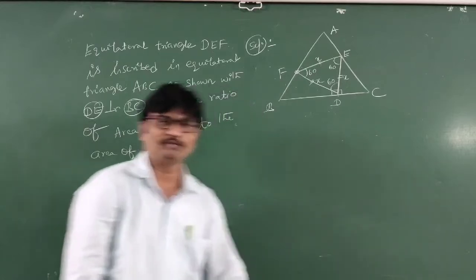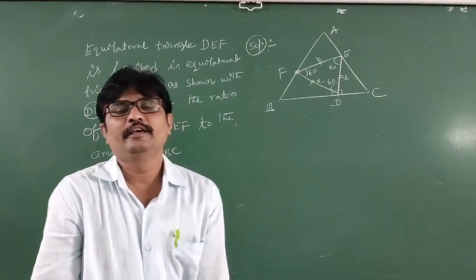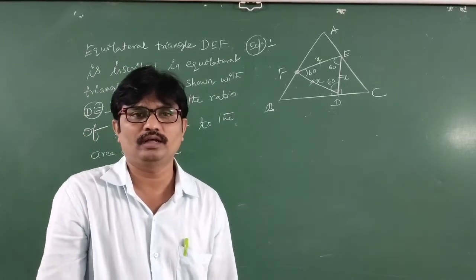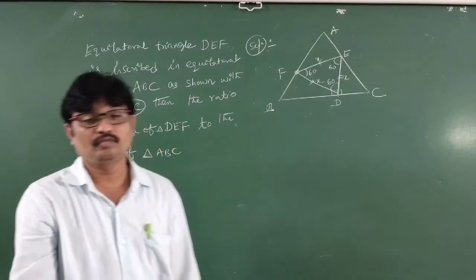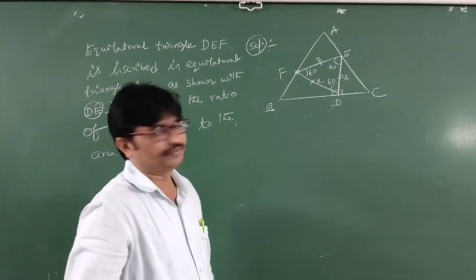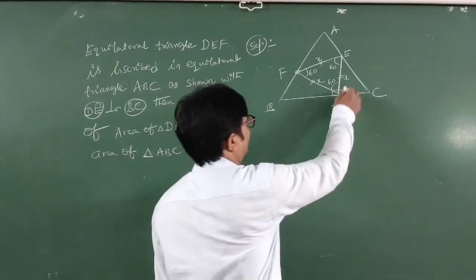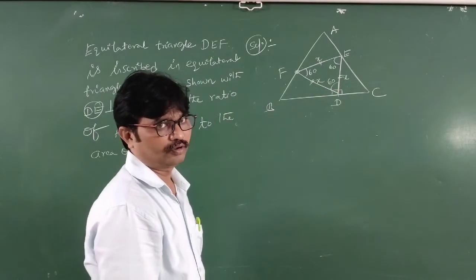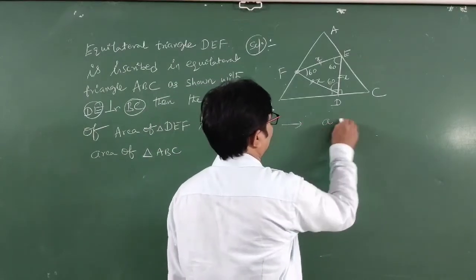My dear students, we have to know that the area of an equilateral triangle with side X is root 3 by 4 X square. Okay students, what is the meaning? The area of the triangle DEF when the side is X is root 3 by 4 X square. So this is, students, small a.